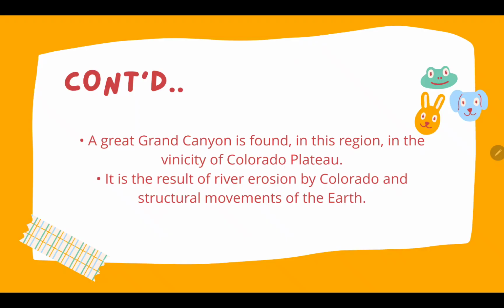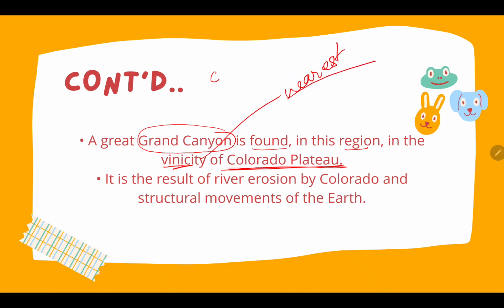So moving forward, a great canyon, that we are talking about characteristics of Cordilleras. A great canyon is found in this region in the vicinity of Colorado Plateau. Colorado Plateau you have already seen in the image, and vicinity means the nearest. It is the result of river erosion by the Colorado and structural movements of earth systems.